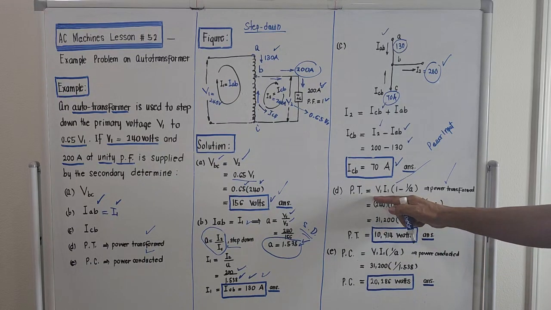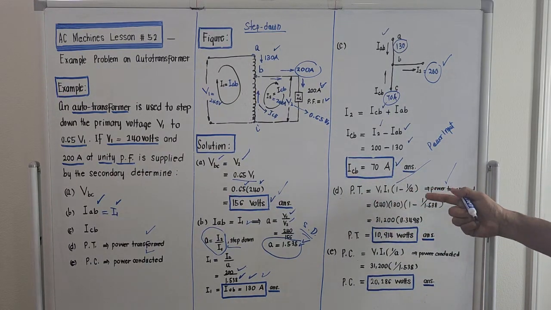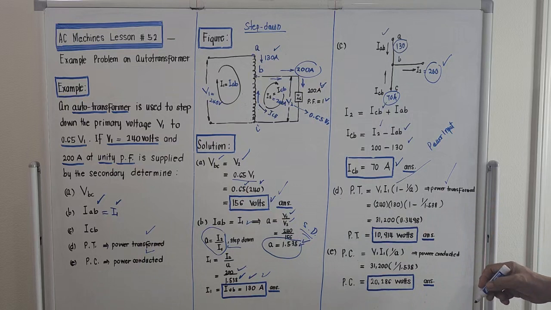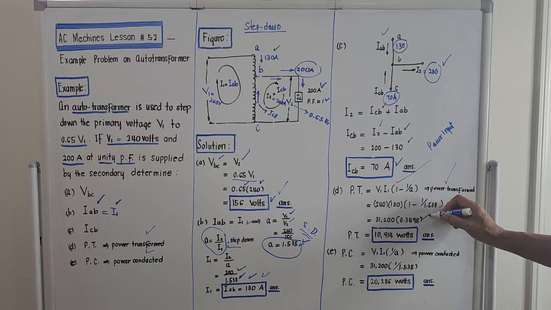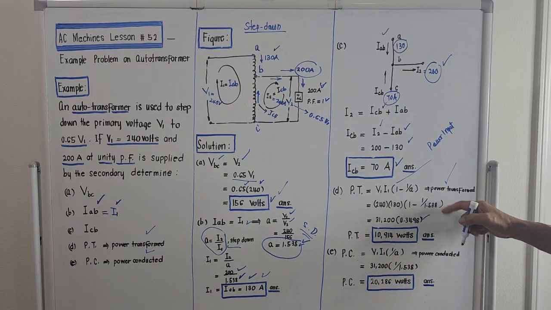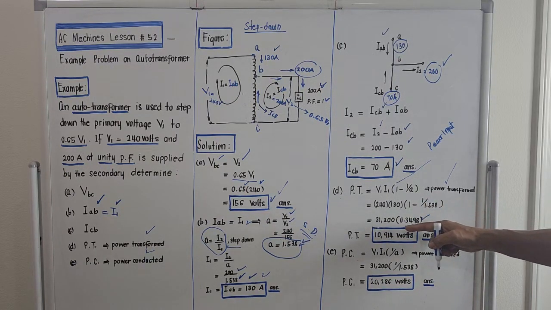We know V sub 1, we know I sub 1, we know A. Direct substitution. 240 times 130 times the quantity 1 minus 1 over 1.538. 31,200 times 0.3498. 1 minus this is less than 1. So it should be 0.3498 times 31,200.